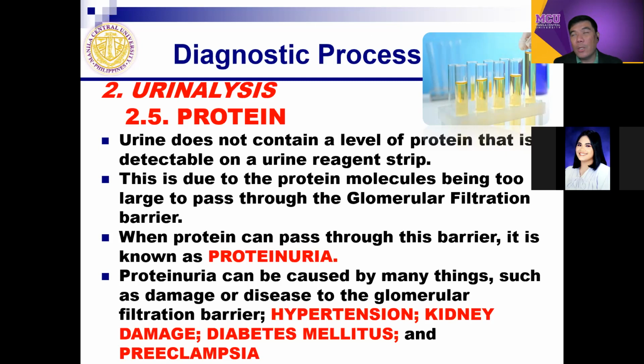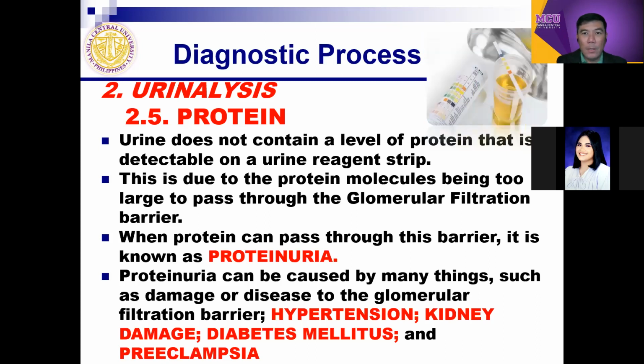And usually, as mentioned, when there is proteinuria and hypertension in a pregnant woman, it is already pre-eclampsia. It is also an indication of kidney problems and diabetes mellitus. So the indication of proteinuria is very important.